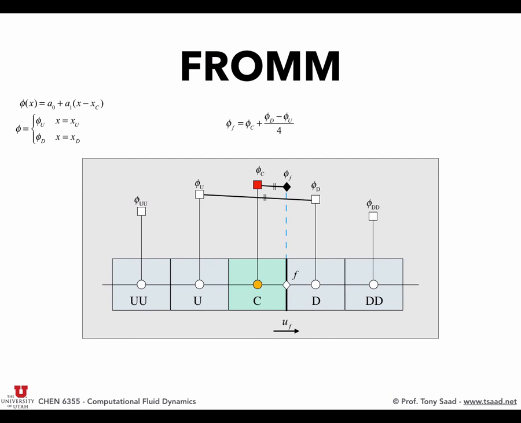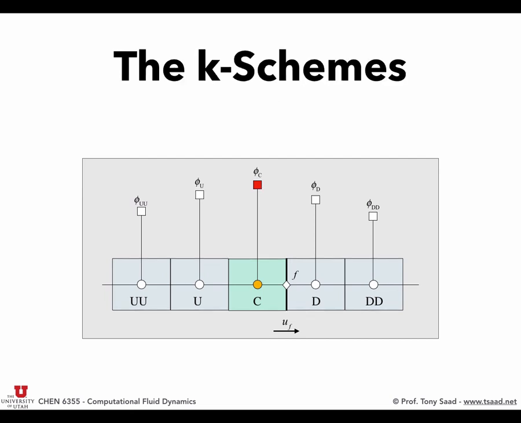Okay. All right, so all of these schemes are fun and nice. It turns out we can generalize all of them and put them into one generic form that we call the K-schemes. If you notice what we've been doing, we're trying to find the slope at the face. In the end, that's what we care about.